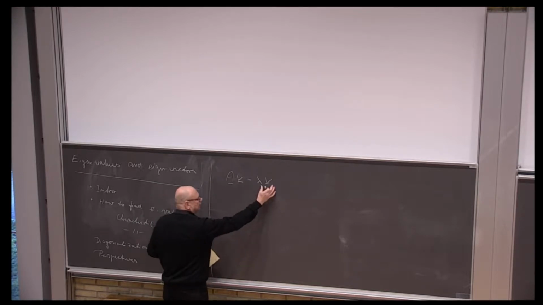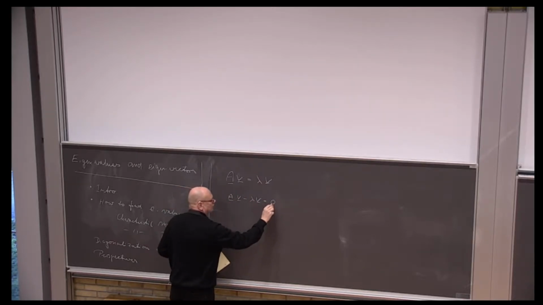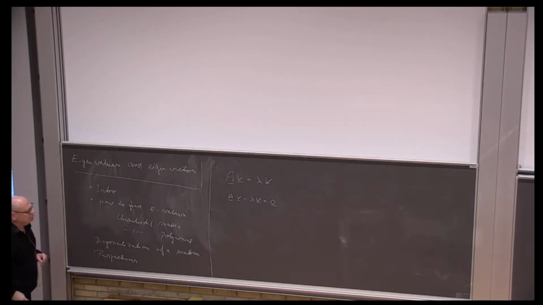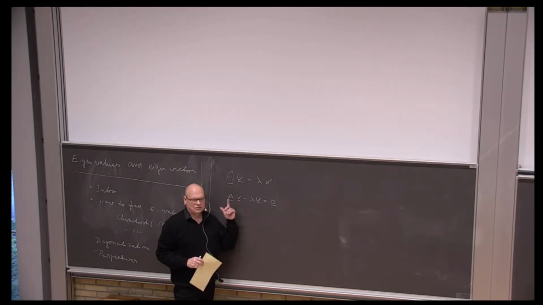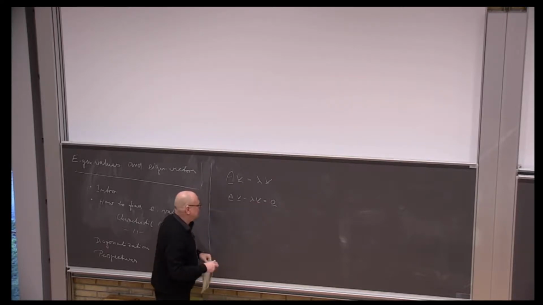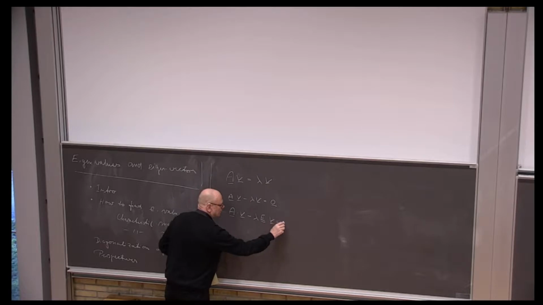I start by moving this to the other side of the equality sign. So you have this equation, and now I'm doing a trick because I want to write all of this as a matrix vector product. And in order to do so, I introduce here the identity matrix. That is, I write this as A minus lambda times E, times v, equal to 0.